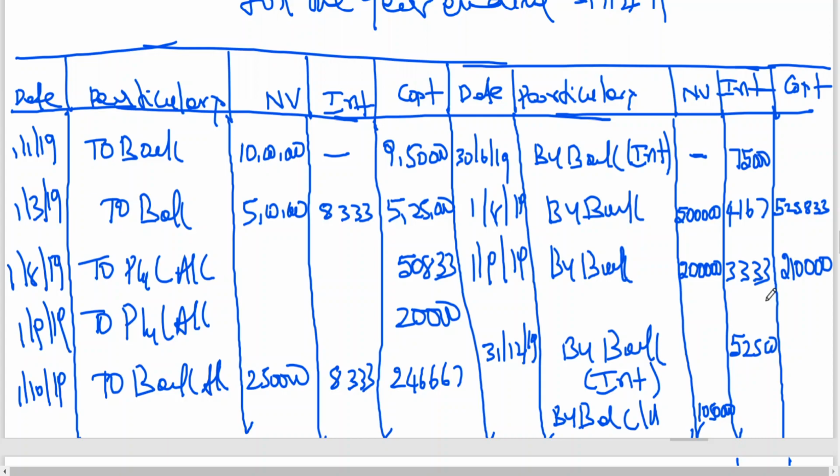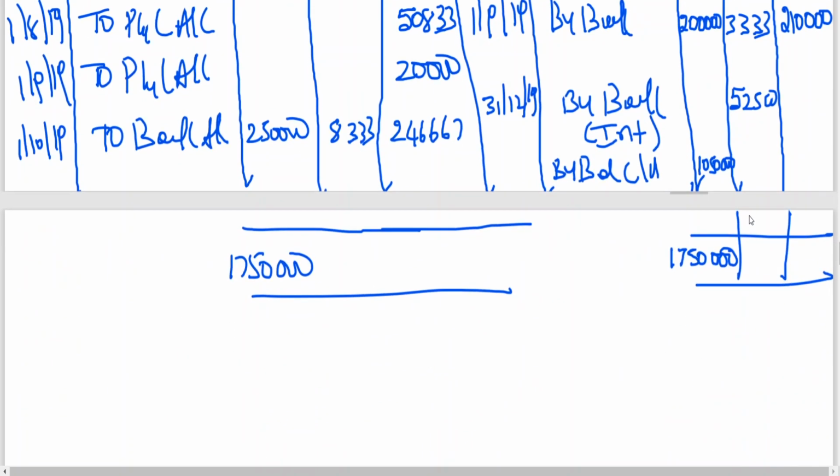75,000 plus 4,167 plus 3,333 plus 52,500 coming to 1,35,000.